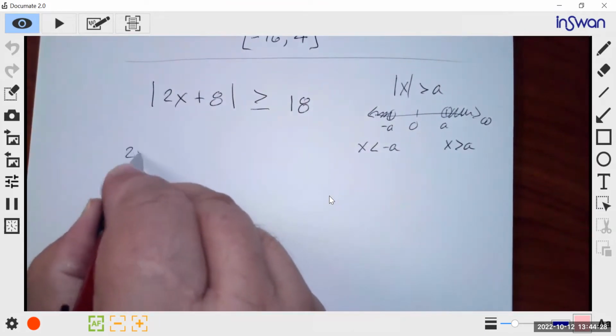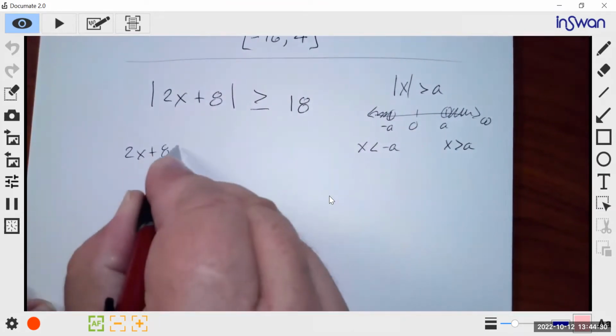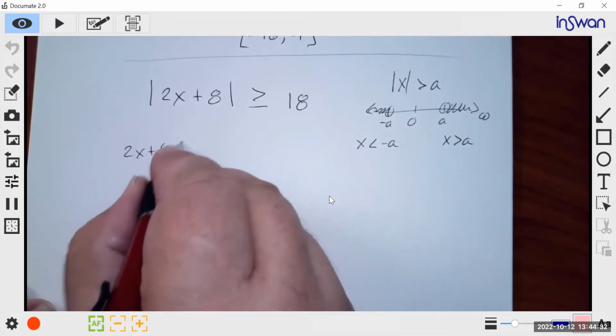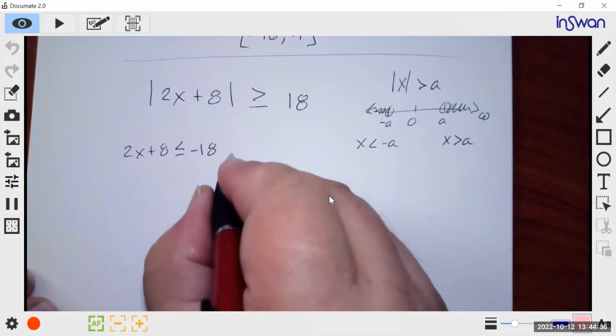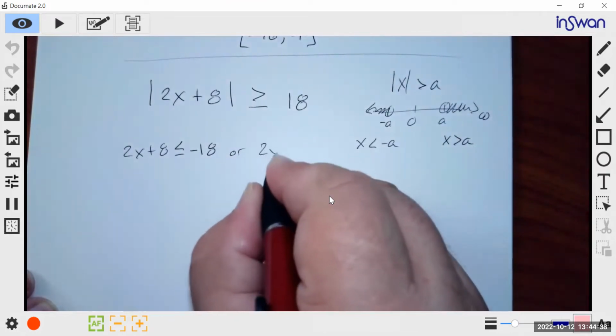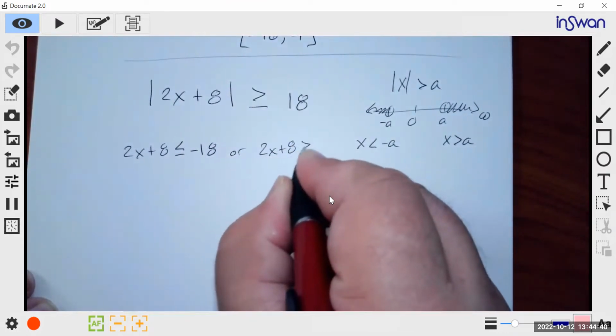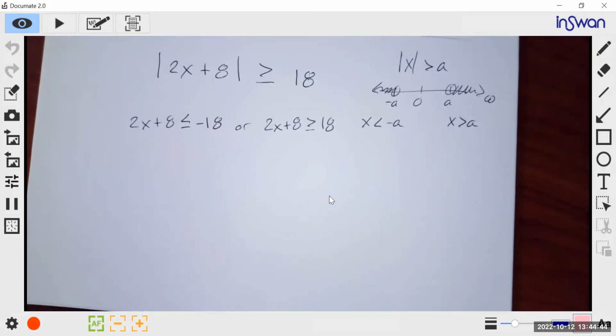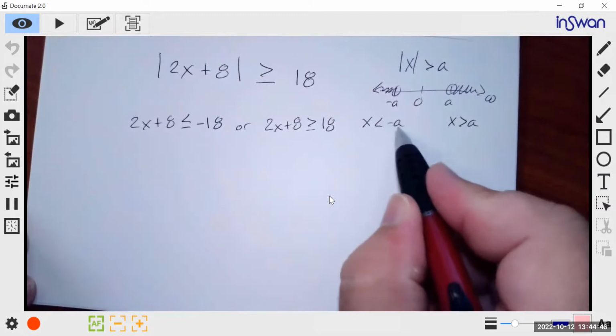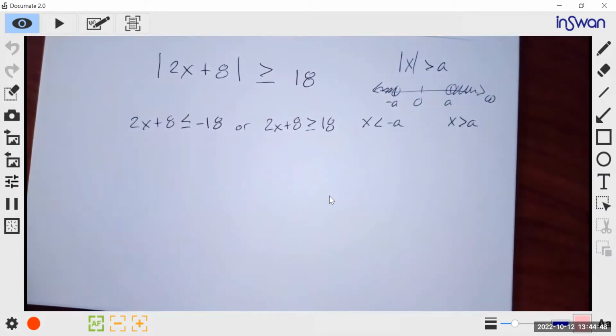So we have 2x plus 8 is less than or equal to negative 18, or 2x plus 8 is greater than or equal to positive 18. We have to look at both directions. Has to be less than negative a or greater than positive a.